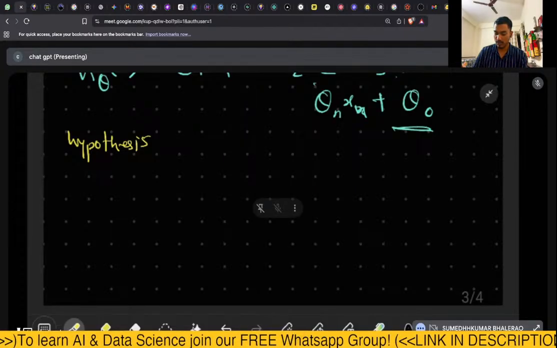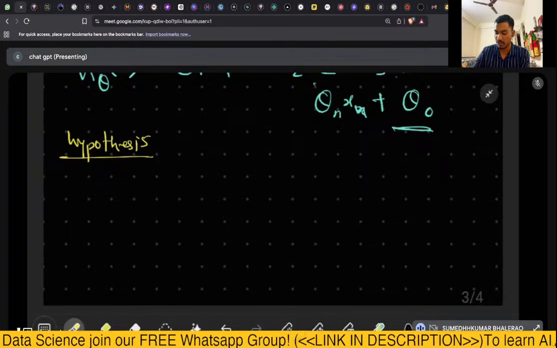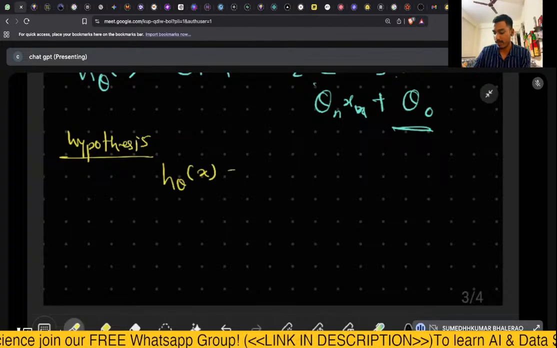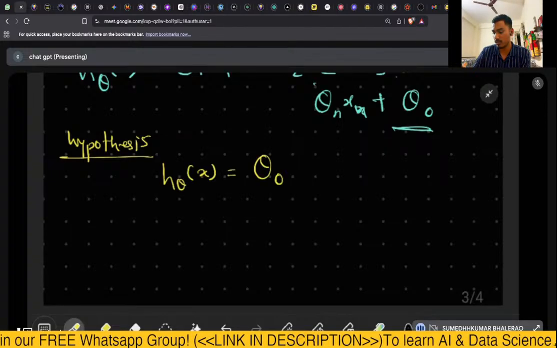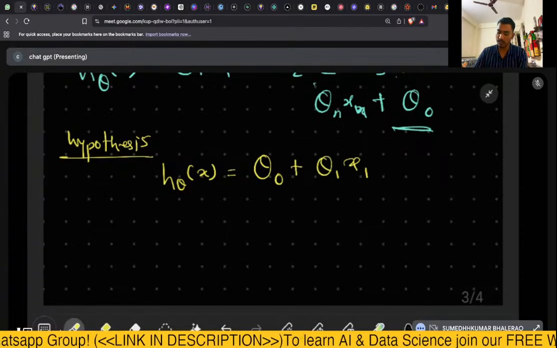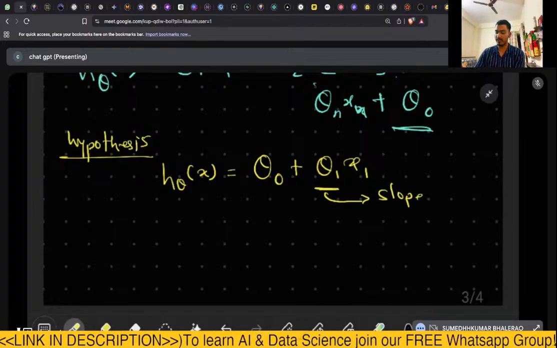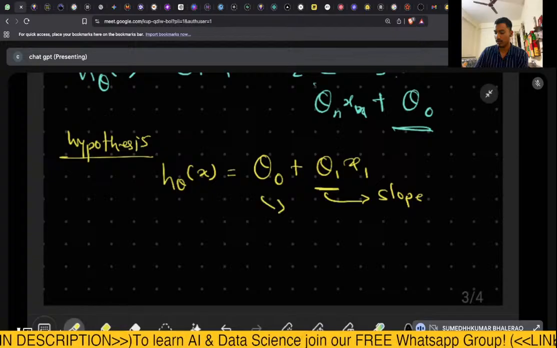So we have this hypothesis: h theta of x equals theta 0 plus theta 1 x1. This is nothing but our slope, and this is nothing but our interception.